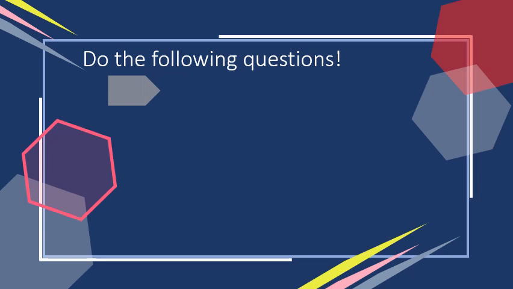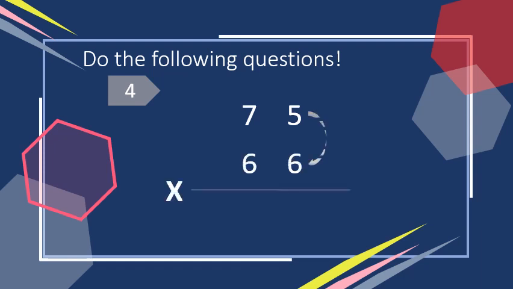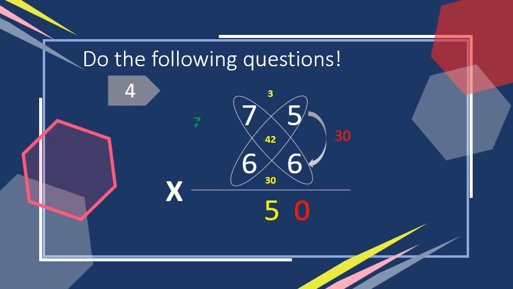Okay, if you understand, we are going to number 4. Multiply between 75 and 66. For the first step, we can multiply 5 and 6, and the result is 30.